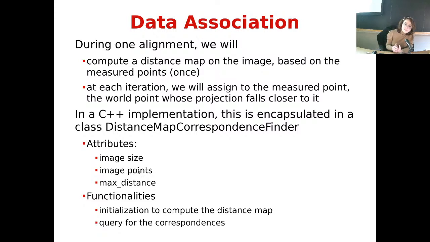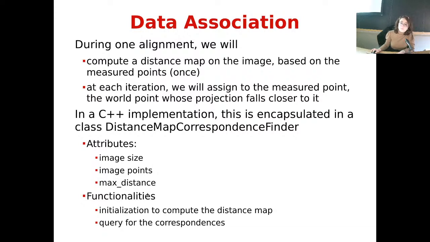The points on the image are more like inputs of the distance map correspondence finder, because you ask what the correct correspondences are for a specific set of points, but we put them in the attributes because in the C++ implementation they will be members of this class.